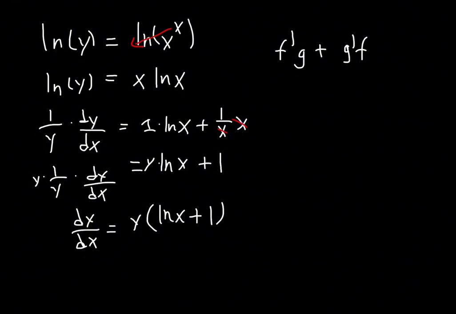And then earlier we said that y is equal to x raised to the power of x. This means dy/dx is equal to x raised to the power of x times (ln x plus 1). So that's the derivative of x raised to the power of x.